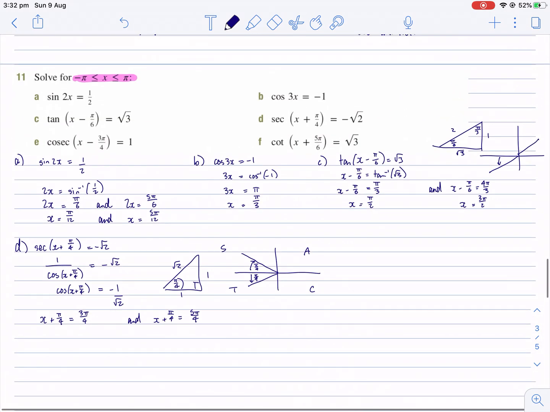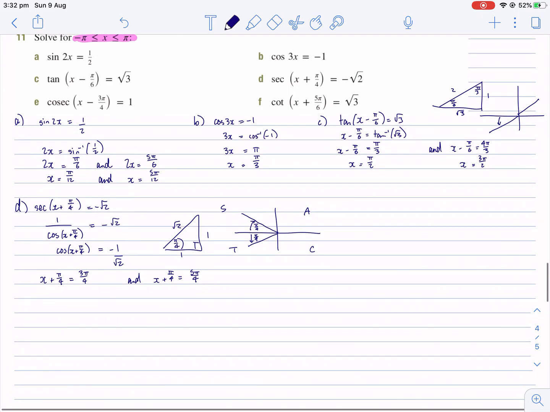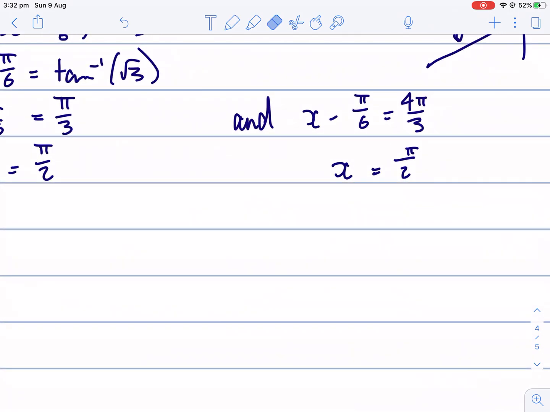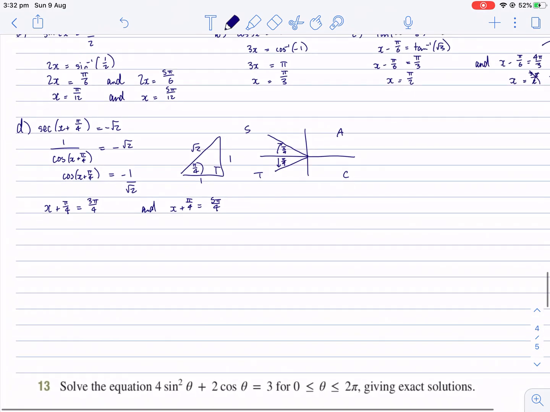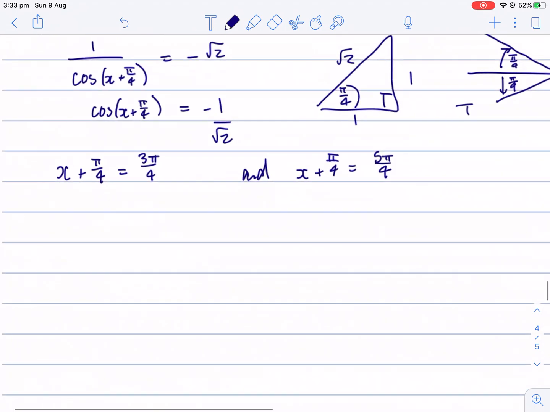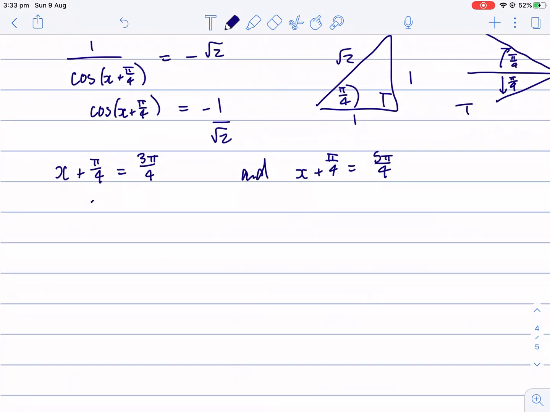Except they wanted values between negative pi and pi, yeah? So instead of pi on 2 here, I would have had negative pi on 2, in our final answer, yeah. Okay, so x, I'm going to subtract pi on 4 from both of these.